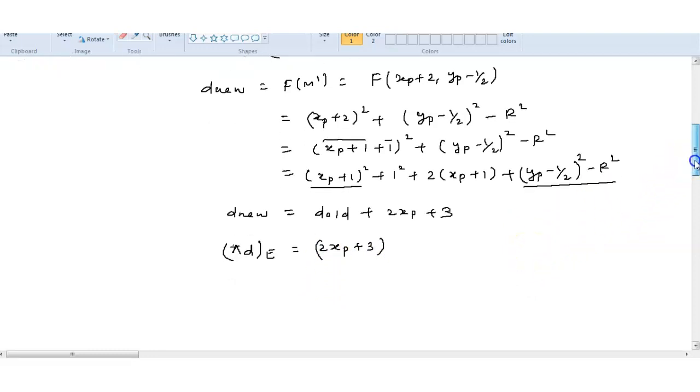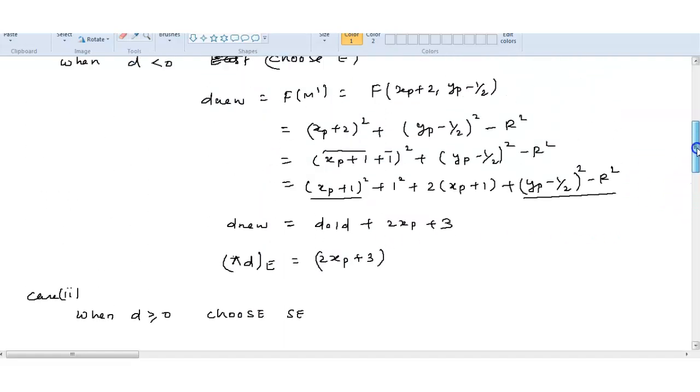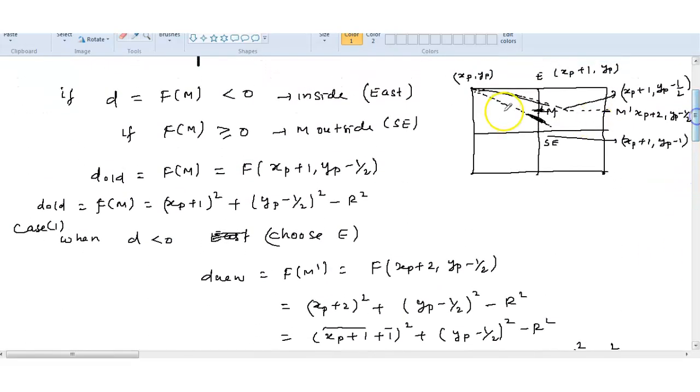Similarly, when we choose the case when d is greater than or equal to 0, then you have to choose the southeast corner. Here M is outside, so it will pass from here, this coordinate M double dash. The next pixel will be M double dash.